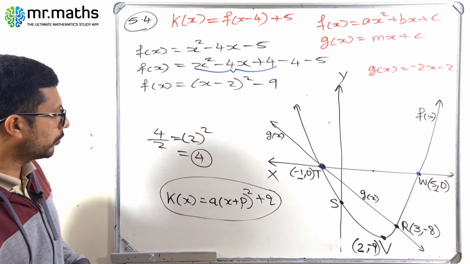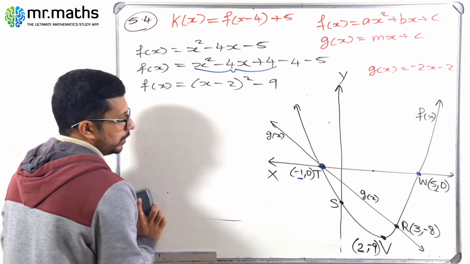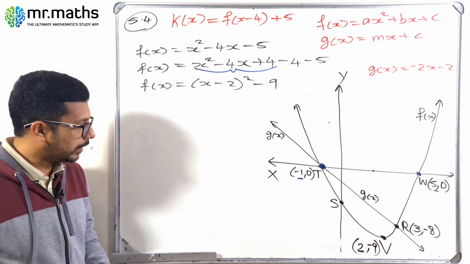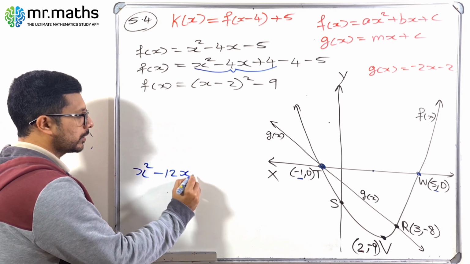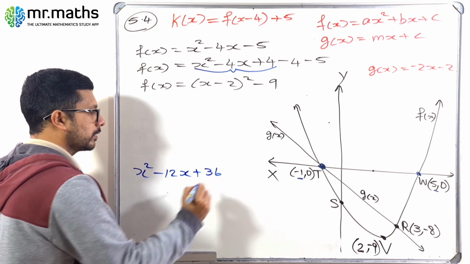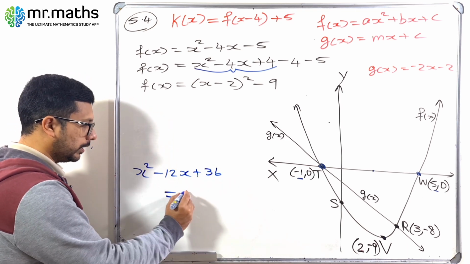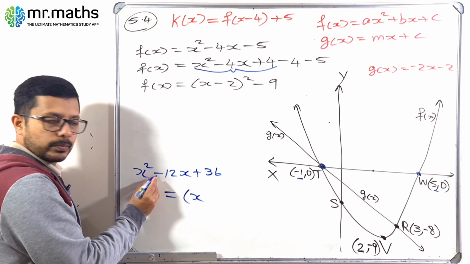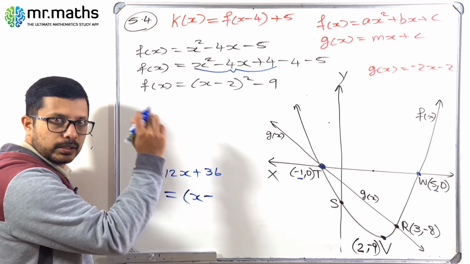For example, another example: x square minus 12x plus 36. How can you write this one? Here this is x, and here it is minus, so you have to put minus. 36 is what? 6 square.